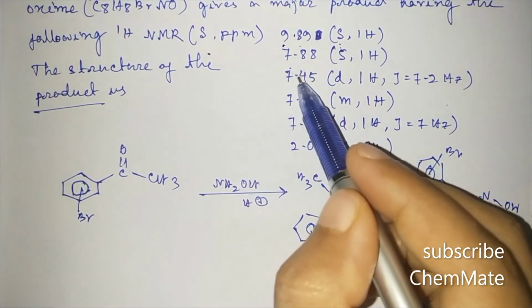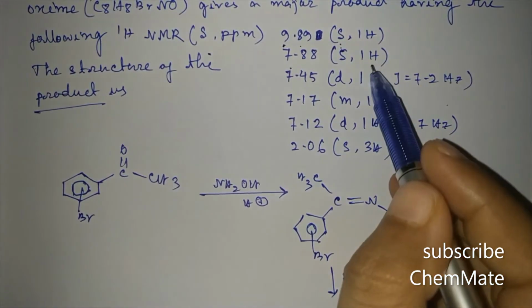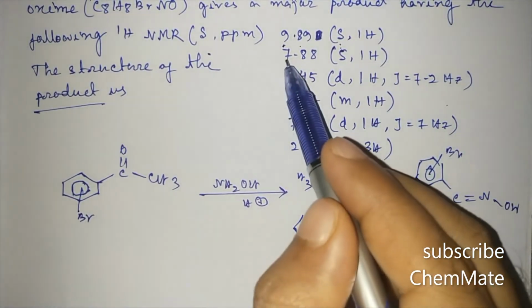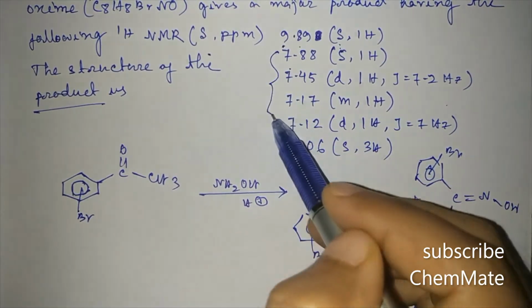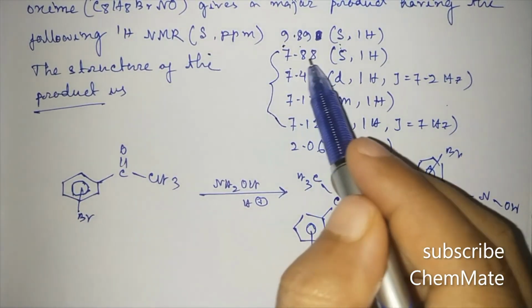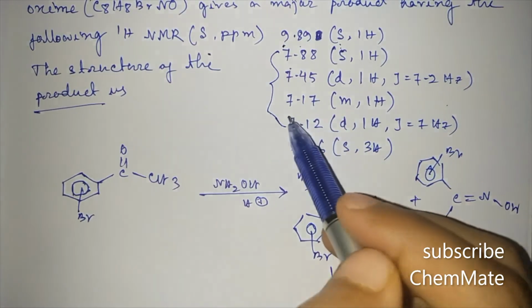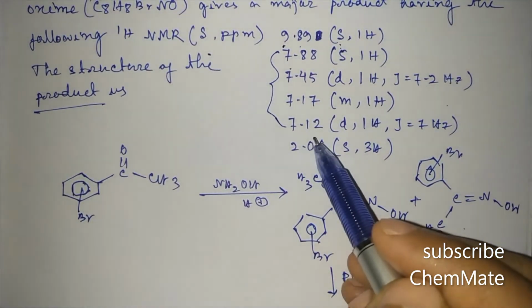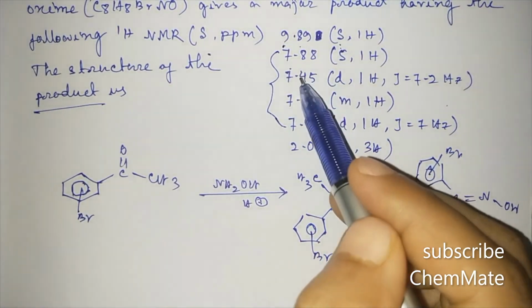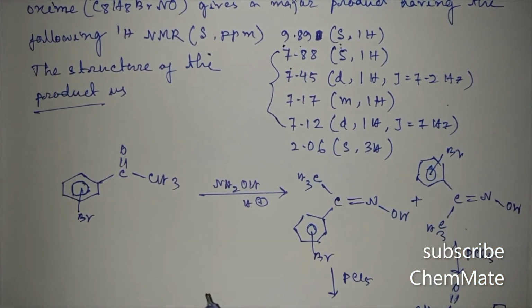Now here 4 hydrogens in the aromatic region, that is 7.88, 7.45, 7.17, 7.12. So 4 signals in aromatic region.